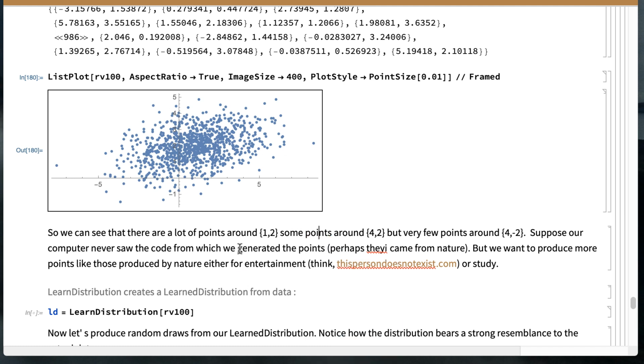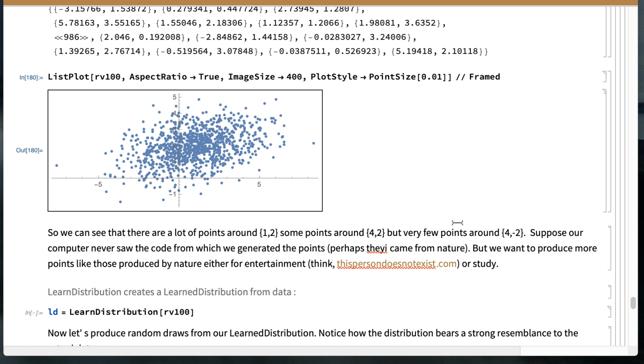And so I might now want to know, could you produce a distribution so that when I ask you to, you can produce more points like this, so that I wouldn't expect you to be producing a point like this or like this, and I would very much expect you to be producing a point in here, maybe out here, maybe out here.